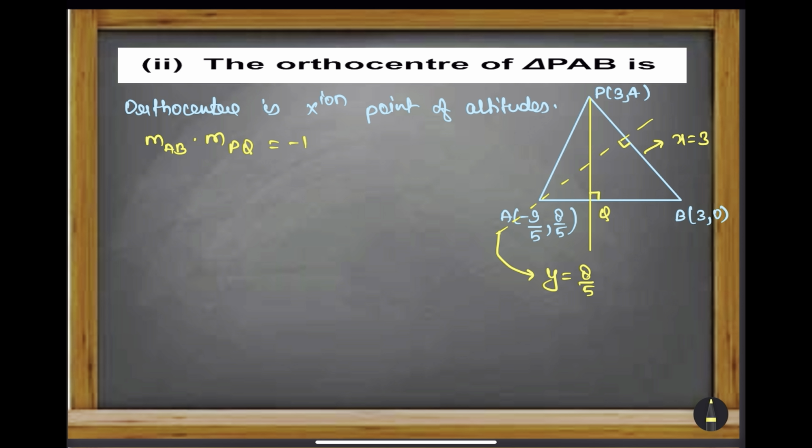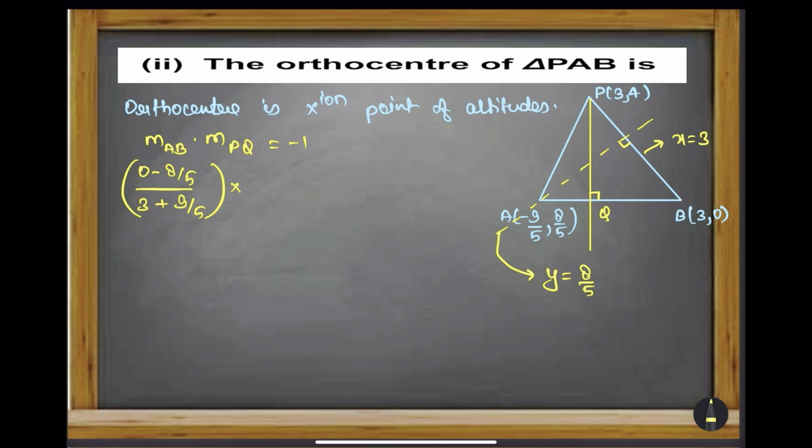Now look at this. Now try to find out the slope of line AB. So 0 minus 8 by 5 upon 3 plus 9 by 5.